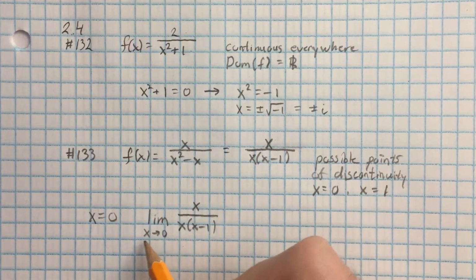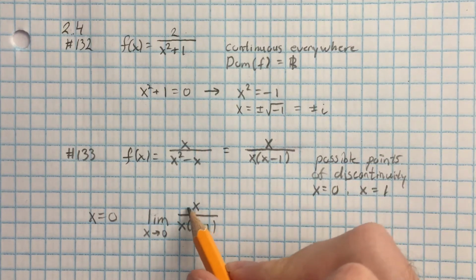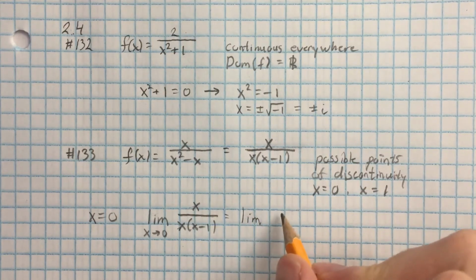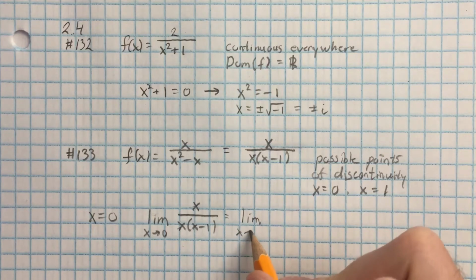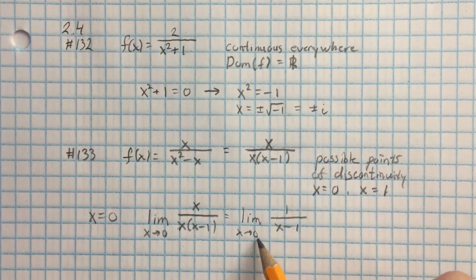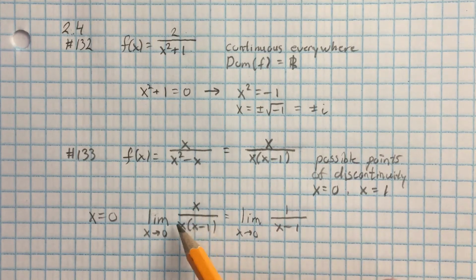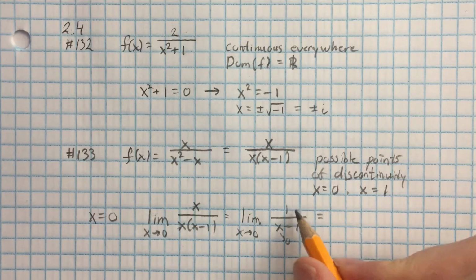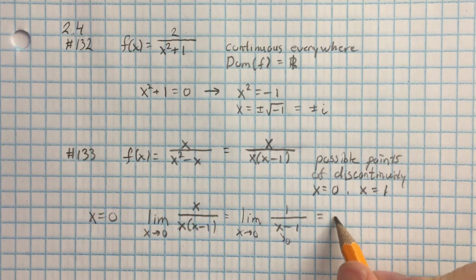For all values that are not 0, the x's would cancel, and so we'd have the limit as x approaches 0 of 1 over x minus 1. You plug 0 in, and you get 1 over -1, which is -1.